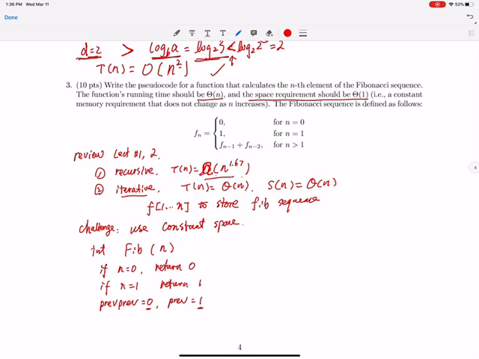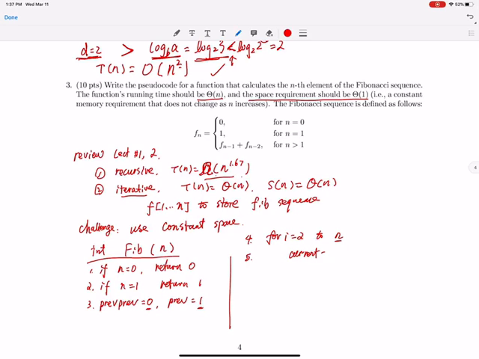Then we enter a for loop. So this is lines 1, 2, 3, and line 4 continues from here: for i from 2 to n, we're going to calculate all the numbers in the sequence from 2, 3, all the way to n, which is our target number to find.